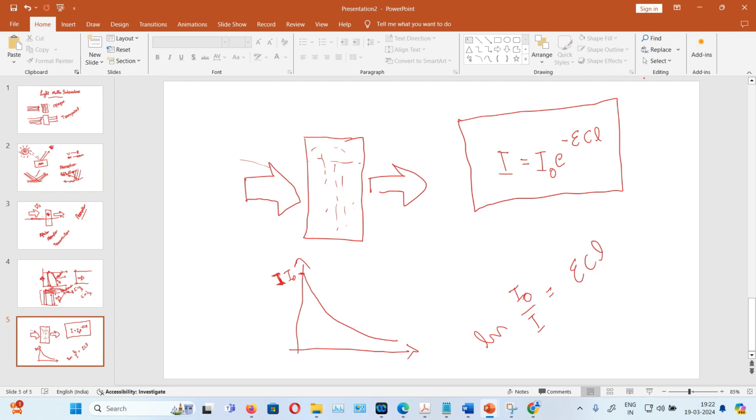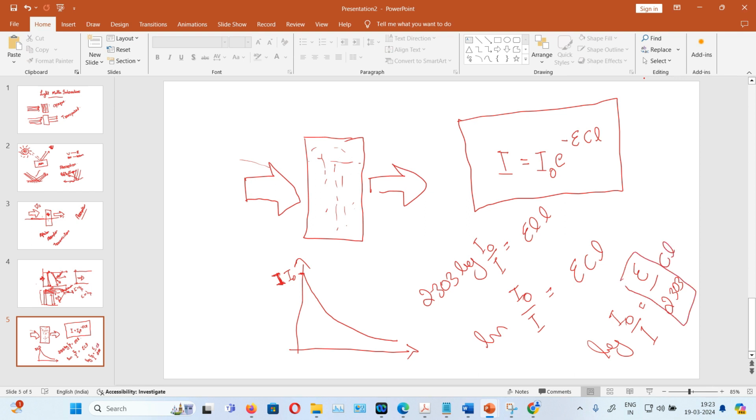If you take the common logarithm, 2.303 log I naught by I will be epsilon c l, and log I naught by I is equal to epsilon by 2.303 times c l.